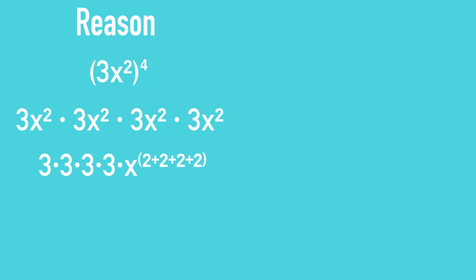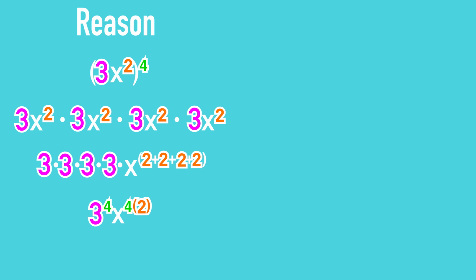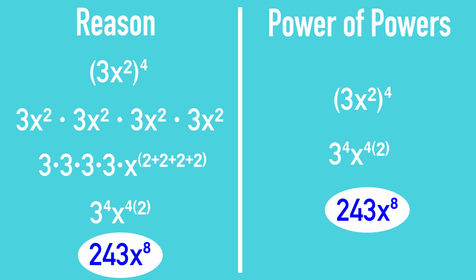The repeated multiplication of 3 would give us 3 to the 4th, and the repeated addition in the exponent would give us an exponent of 4 times 2. This simplifies to 243x to the 8th. If we look closer, when we raise a power to a power, any included coefficient will be raised to the power outside the parentheses, while the inside power will be multiplied by the outside power.